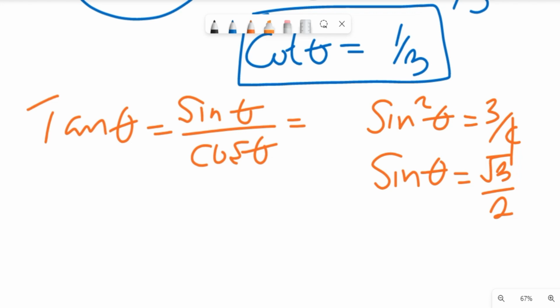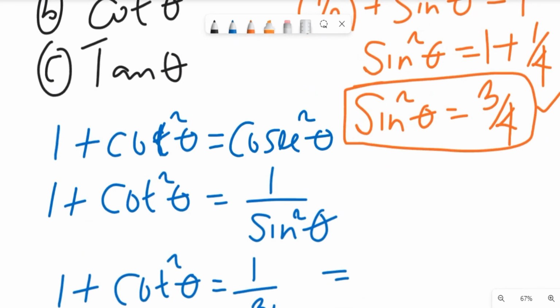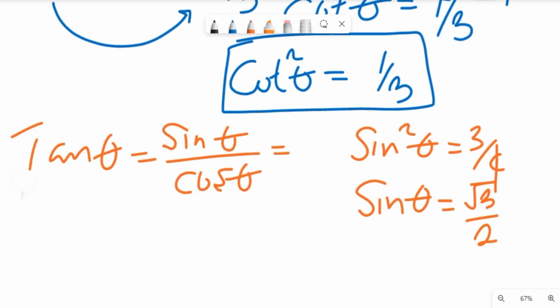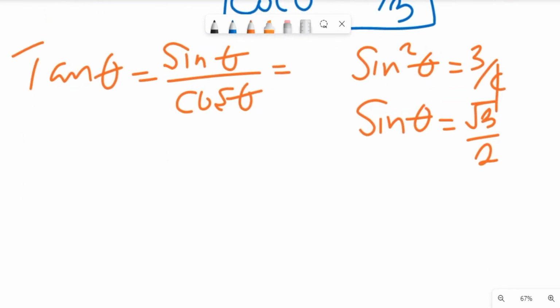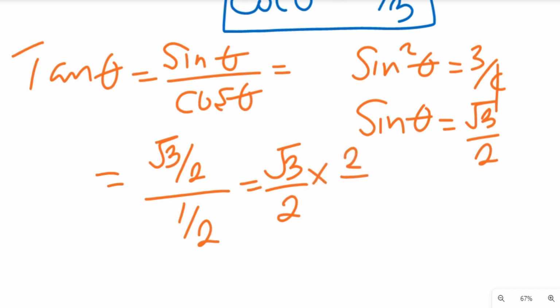And from our initial expression, we have cos theta equal to 1 divided by 2. So our tan theta now will be equal to square root of 3 divided by 2, all divided by 1 divided by 2, and that will give us root 3 divided by 2 multiplied by 2 divided by 1.